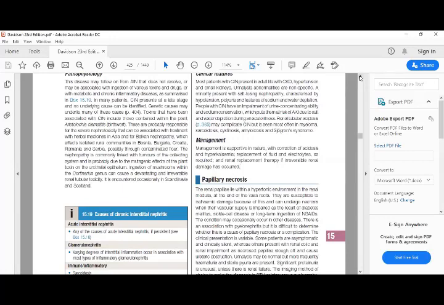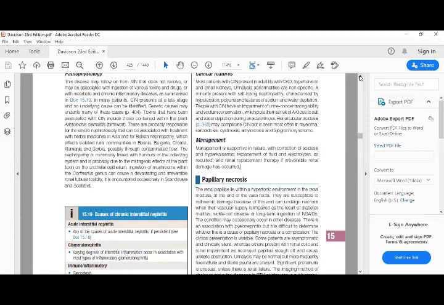These are probably responsible for the severe nephrotoxicity that can be associated with treatment with herbal medicines in Asia, and Balkan nephropathy, which affects isolated rural communities in Bosnia, Bulgaria, Croatia, Romania and Serbia, possibly through contaminated flour. So it is due to a mycotoxin which infects the flour.